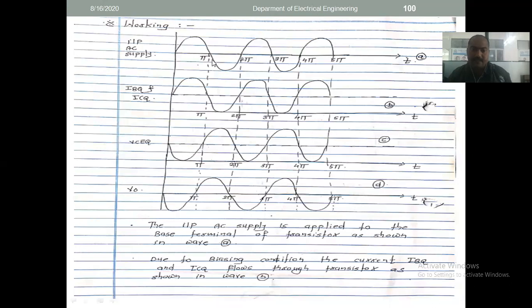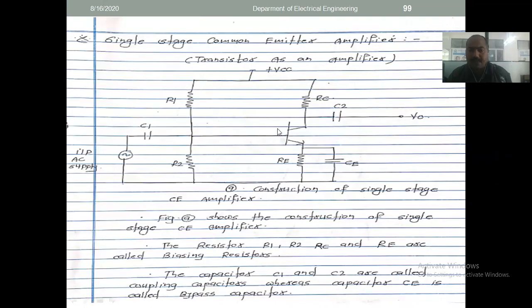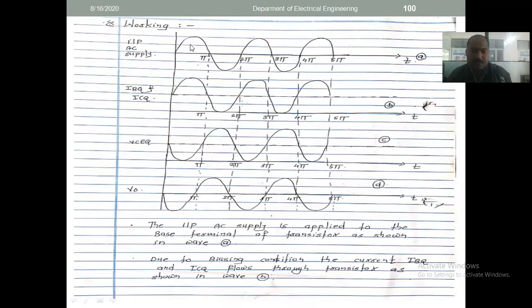See the diagram. The input AC supply is applied in this half cycle, positive to negative, positive negative half cycle. Due to that positive voltage applied, at the same time there should be the same increase in the base current, right? Base current indicates the input current. At that time there should be the same increase in the collector current. Same positive half cycle, same negative half cycle, right?